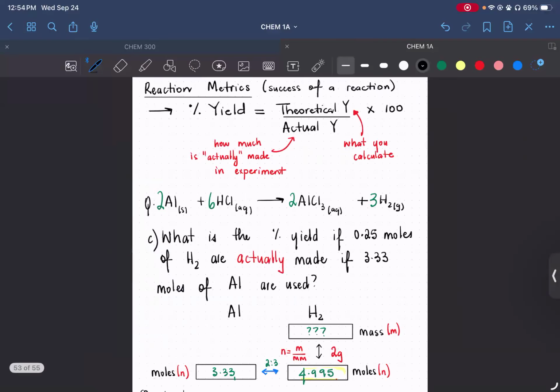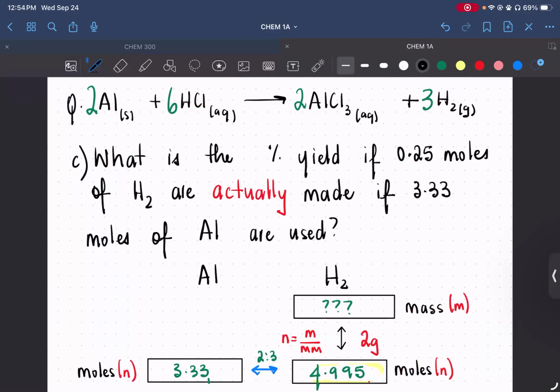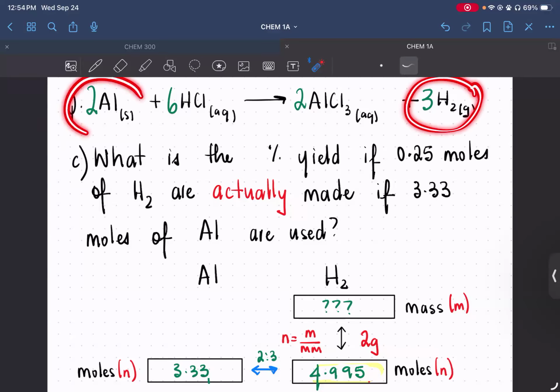Now, in this case right here, based on the question at hand, we were asked about hydrogen and we were given information about aluminum.